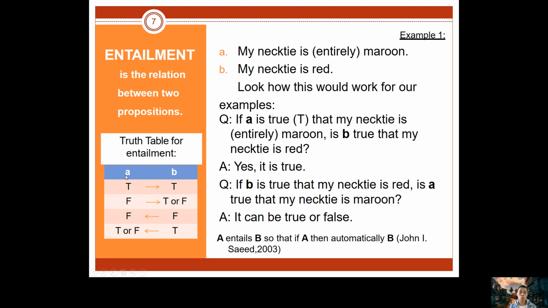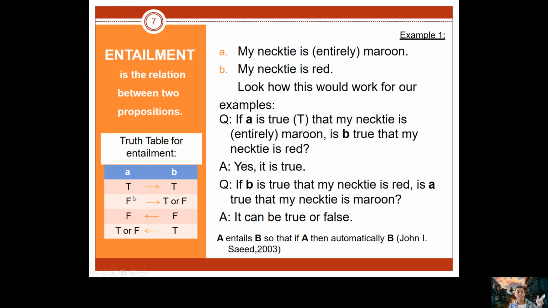This is premise one, the first sentence. If the first premise is true, the second premise or the other sentence will be true.